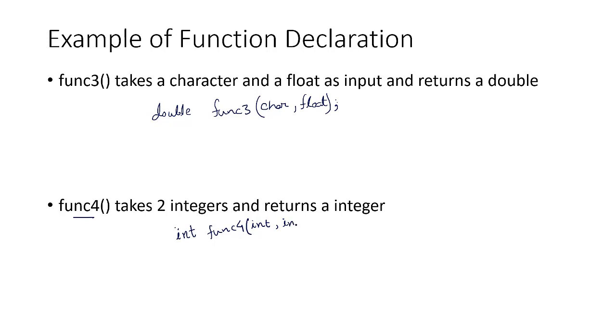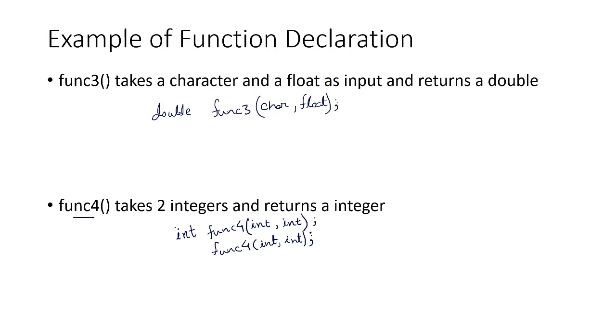Now one thing you should know is that for this function, a declaration without mentioning the return type is also valid. The reason is that the default return type of a function is integer.